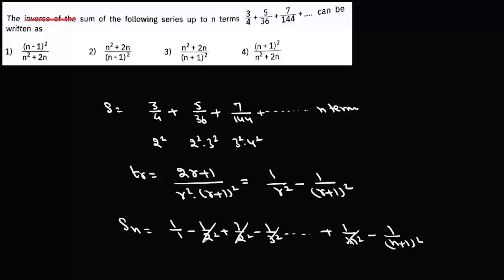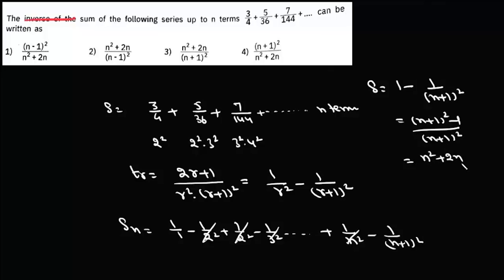Now if we add them all up, we'll get this sum as 1 minus 1 upon n plus 1 square. Now this is n plus 1 square minus 1 upon n plus 1 square. Now this is n square plus 2n upon n plus 1 whole square, and that's your sum, and that's your option 3.